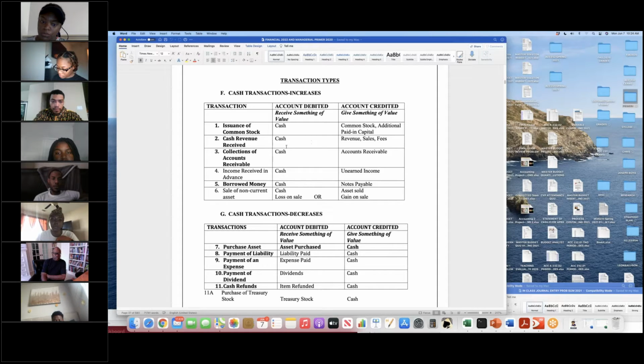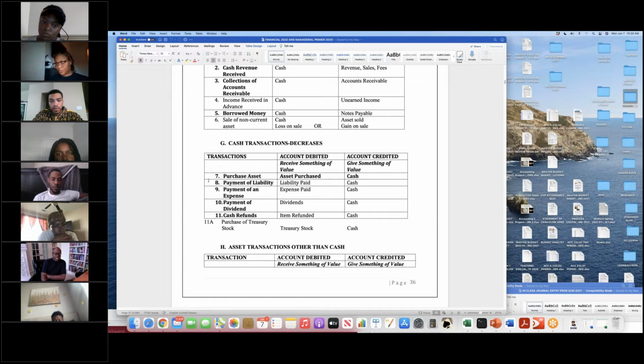On the other hand, if we had cash revenue, we're still debiting cash. So in these first 4 transactions that we're dealing with, 1, 2, 3, and 5, cash is coming into the business, cash is debited, and another account is credited depending on the type.